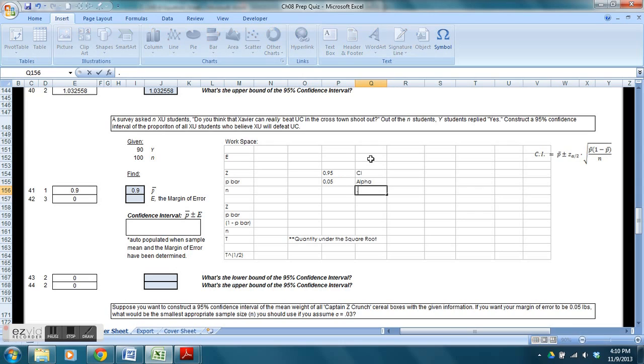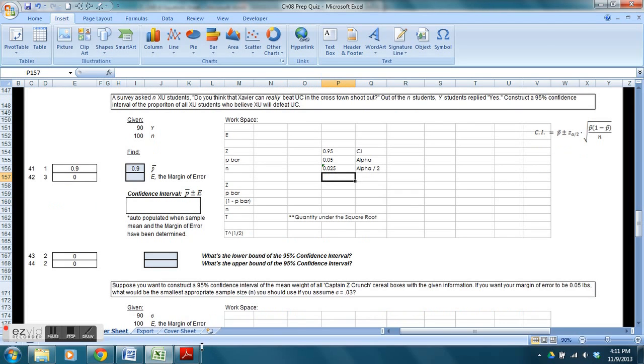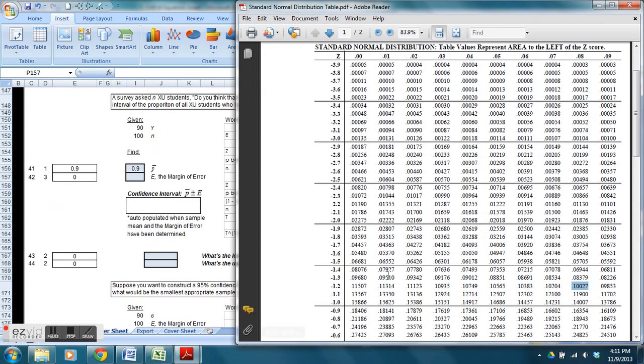So our alpha over 2, or our area in the upper tail, or area in one of the tails, is 0.05 divided by 2, 0.025. And we can look in our z table and find the 0.025 in this z table and find the z value.